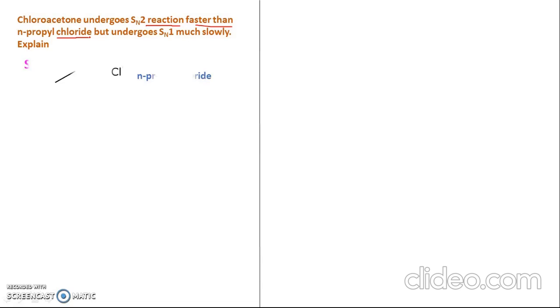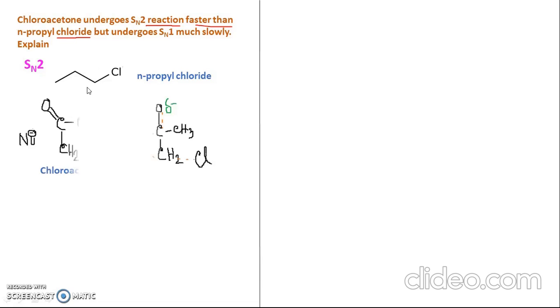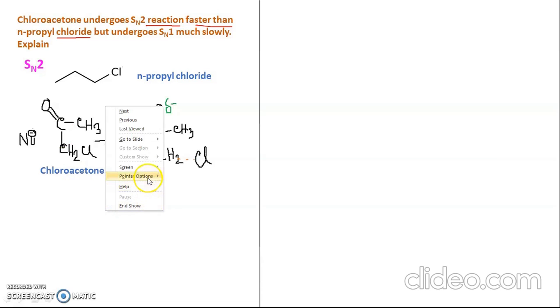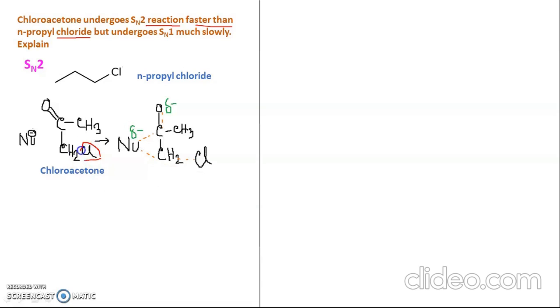N-propyl chloride is a very simple structure, CH3CH2CH2Cl, linear structure. And what about chloroacetone? Acetone structure we know, CH3COCH3. If you replace one of the hydrogen from any of the methyl group by chloride, then it will be chloroacetone. So this is the structure of chloroacetone.